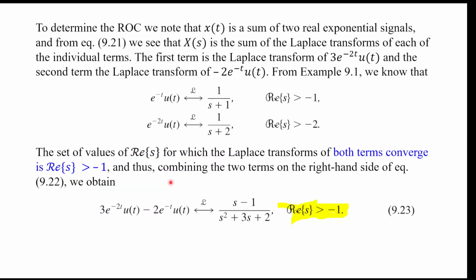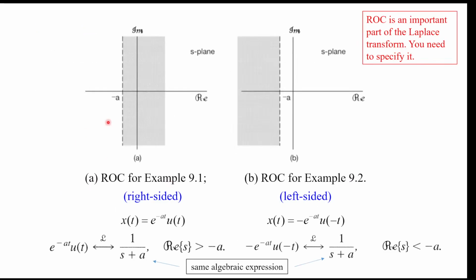One has ROC to the right of the pole, one has ROC to the left of the pole. So if the ROC is to the right, you choose the right-sided function, and if the ROC is to the left, you choose the left-sided function as your inverse Laplace transform.